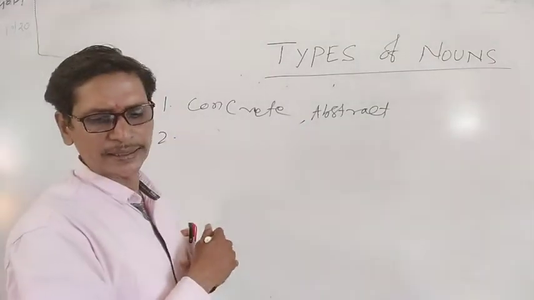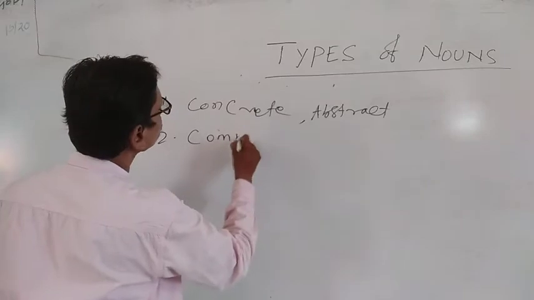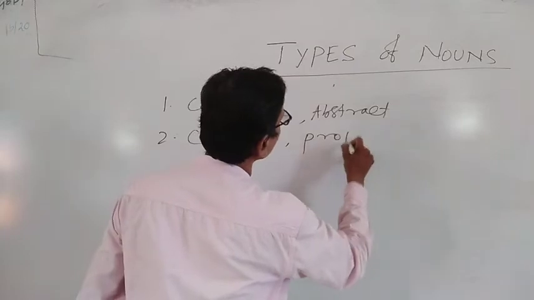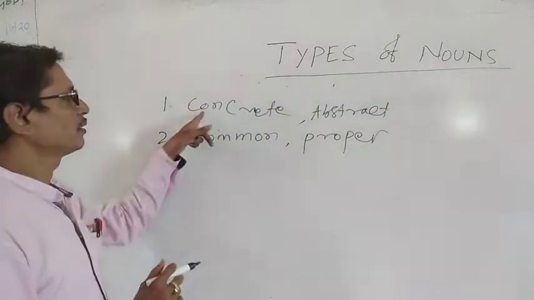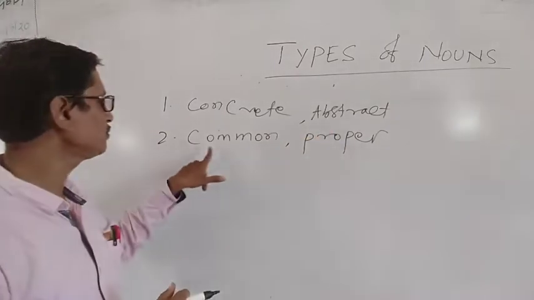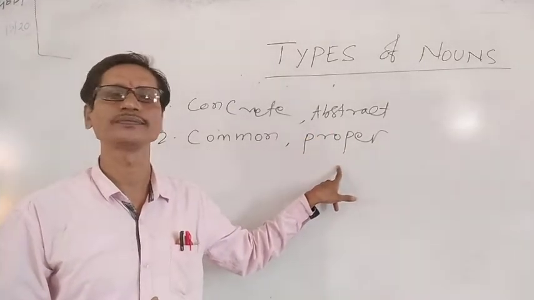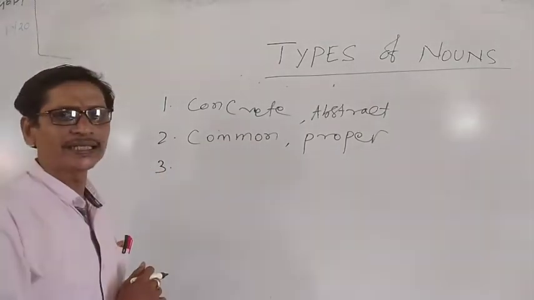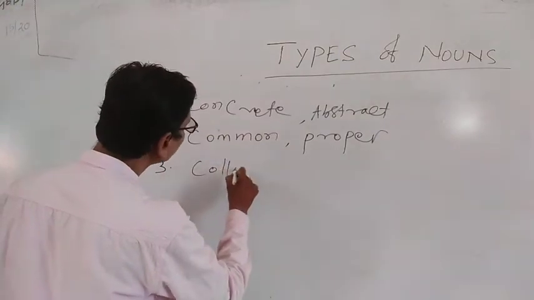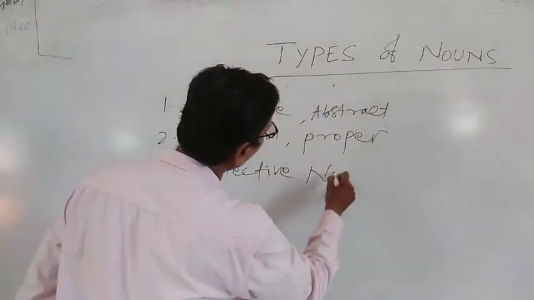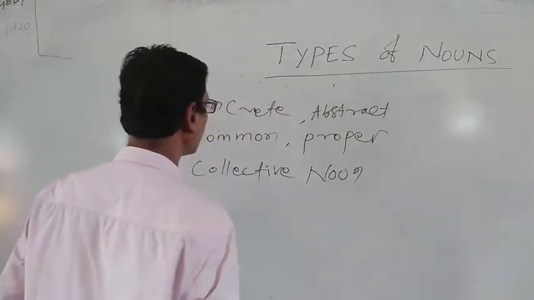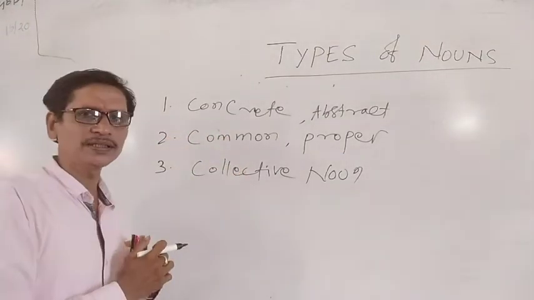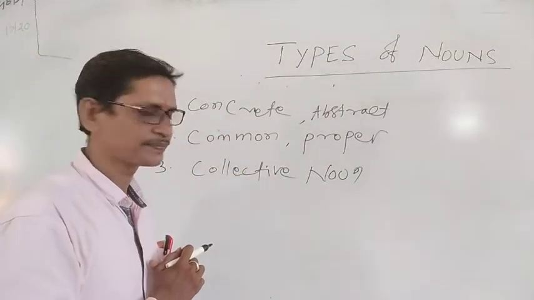Next is common and proper nouns. Concrete noun, abstract noun, common noun, proper noun. Number 3 is the collective noun. These are some of the types of nouns we need to understand.